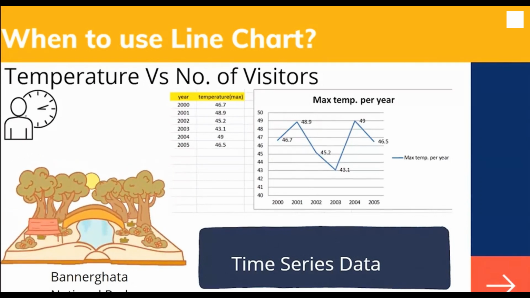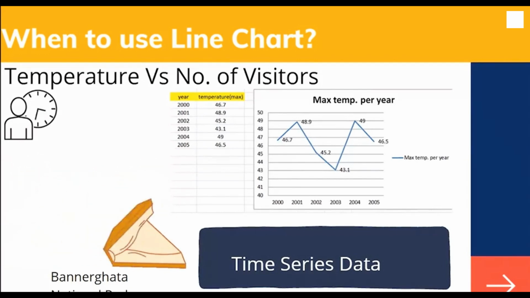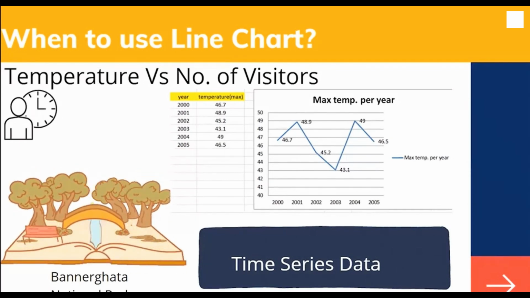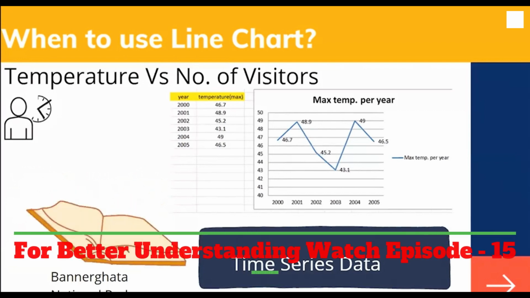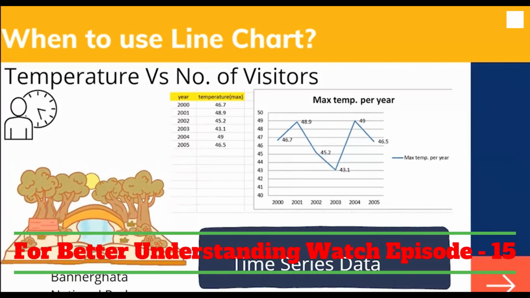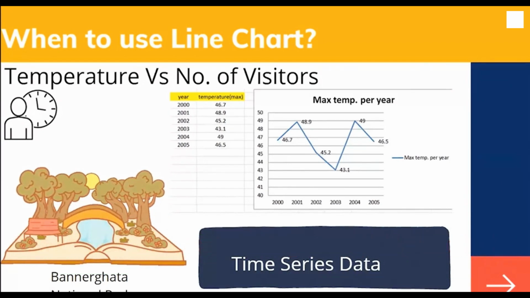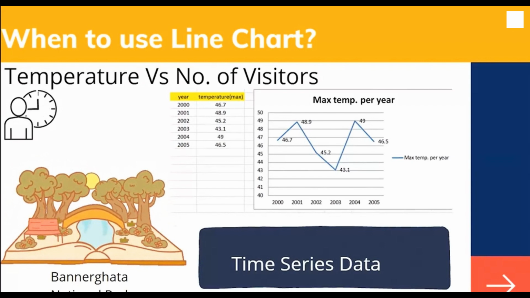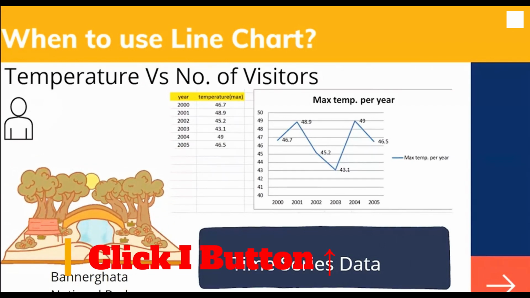Okay, so the point that I wanted to say here is that the type of data that I'm talking about, the scenario which I have given you, will create data which is continuous in nature. Okay, so this data is going to be continuous in nature, and this is what you call a time series data.